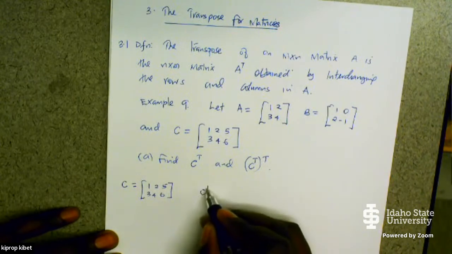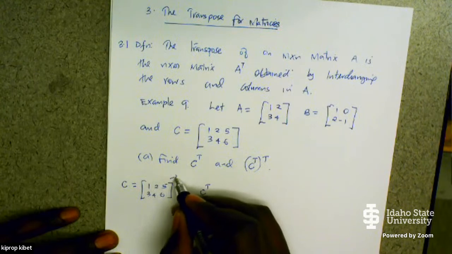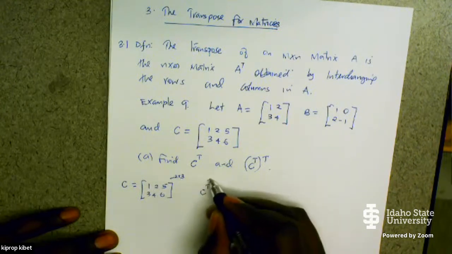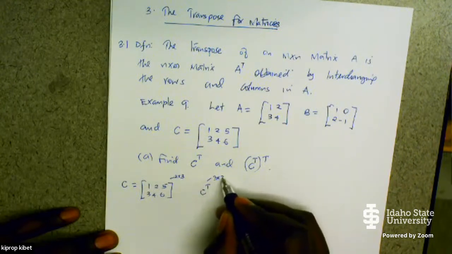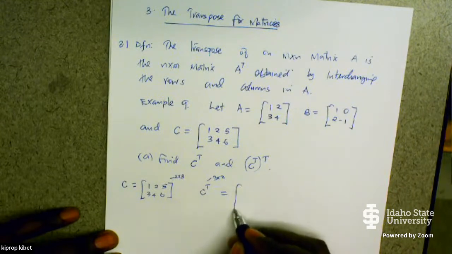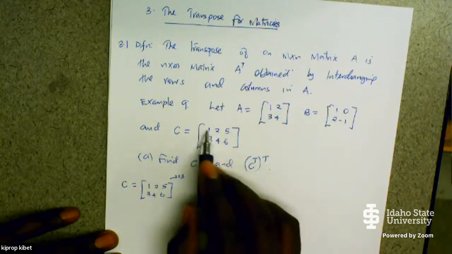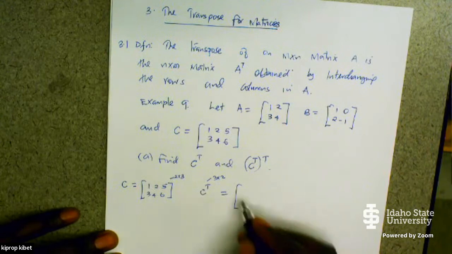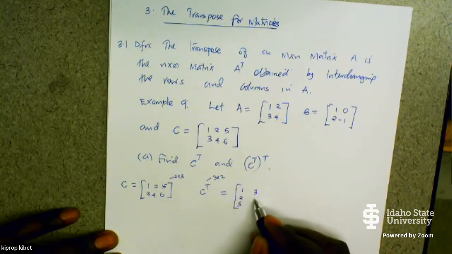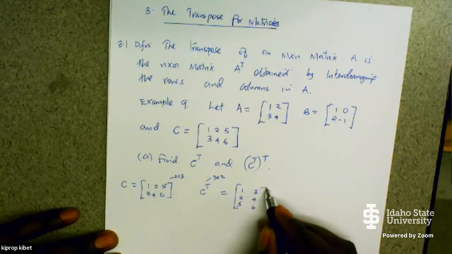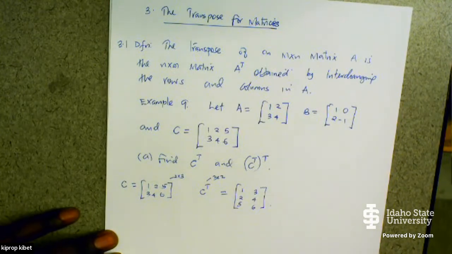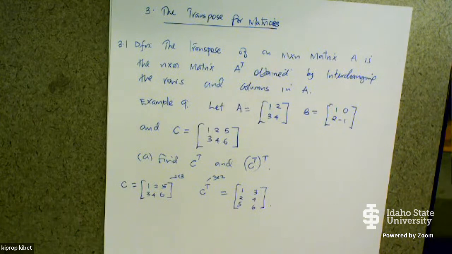So our C transpose, which is 3 by 2, you just bring each row to be a column. So it should be [[1, 3], [2, 4], [5, 6]]. So that is our C transpose. Just interchange the rows and the columns.